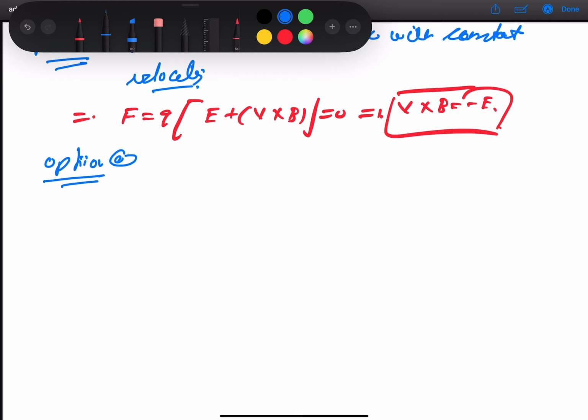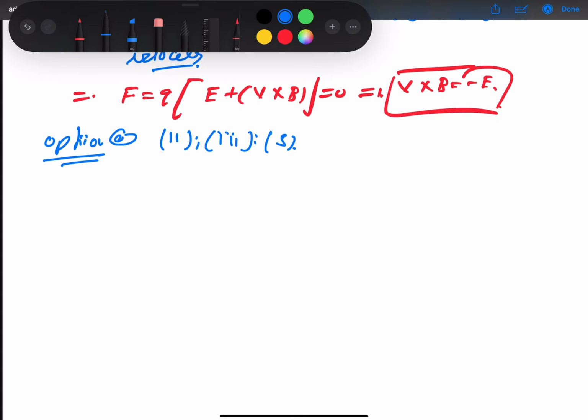And option A gives us that the second matches with the third option, matches with alphabet S. And we have an electron, charge minus E, and our velocity is given as E naught upon B naught Y unit vector.